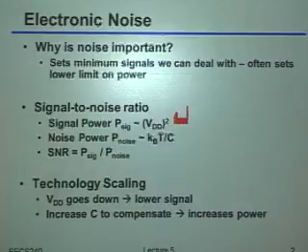Say we're thinking about some very simple amplifier. The maximum signal power I can get out of that amplifier is usually tied to the power supply, because the larger the power supply is, the bigger the voltage swing I can get, and that says what the biggest signal power is.